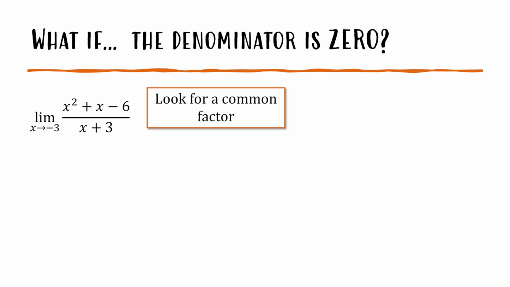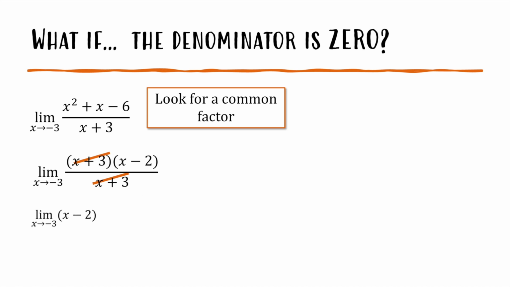One approach then is to look for a common factor. So I'm going to factor the top of that into x plus 3, x minus 2. Now, see that x plus 3? I can cancel that out. And I have a new limit problem. The limit as x approaches negative 3 of x minus 2. And I'll just take that negative 3 and plug it in for x, and I get negative 5.